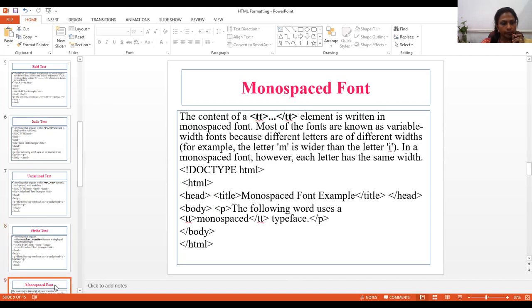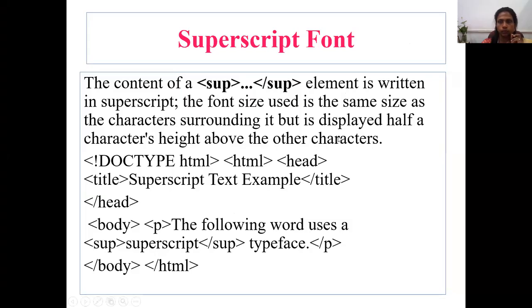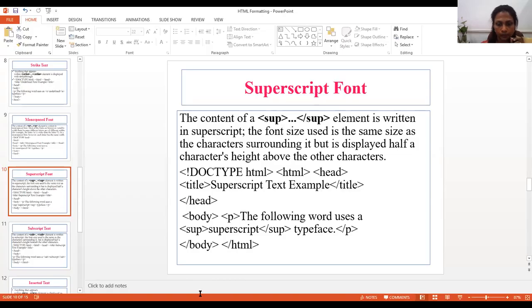The next tag we will see is the superscript font. Any text that we enclose inside the SUP tag will be present as a superscript. We will go to this example, and I am going to give Krisujanti College as a superscript, so I am enclosing that in SUP.